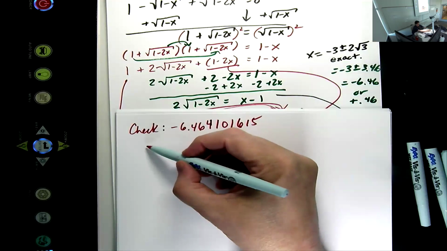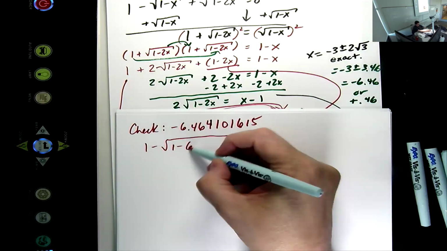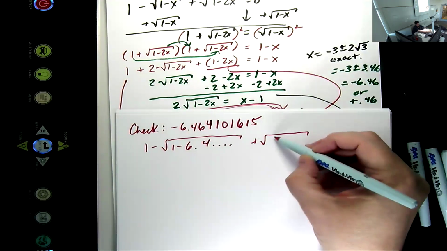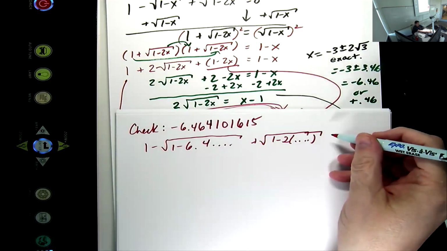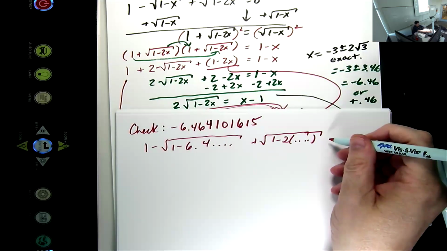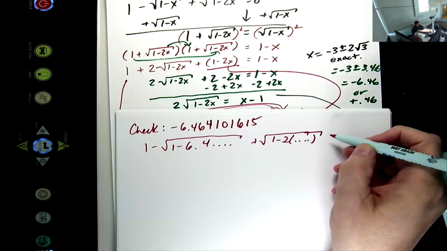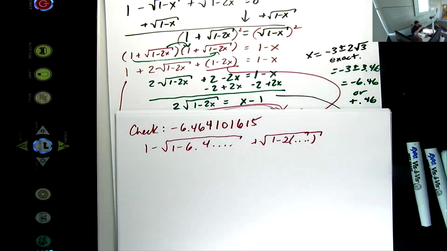So we've got 1 minus the square root of 1 minus that big old number, plus the square root of 1 minus 2 times that big old number. So let's see what we get when we put that in the calculator.